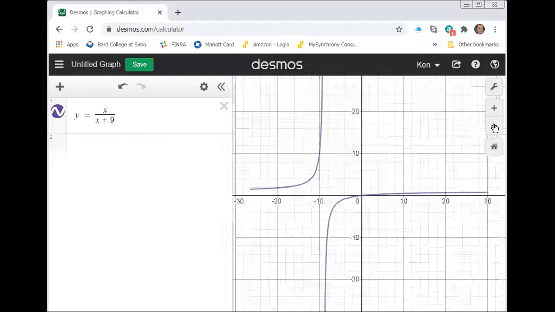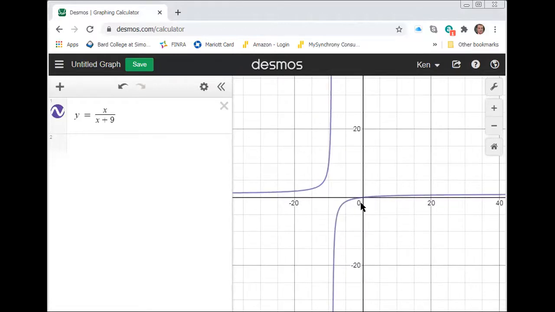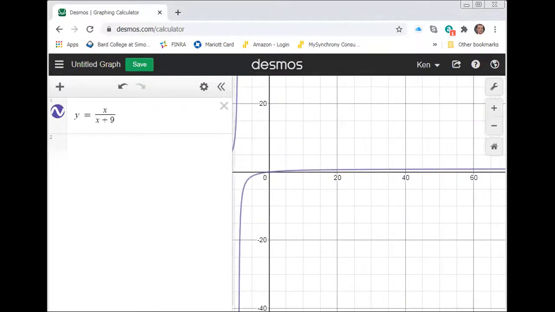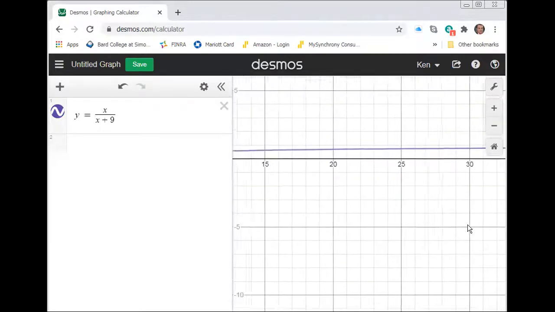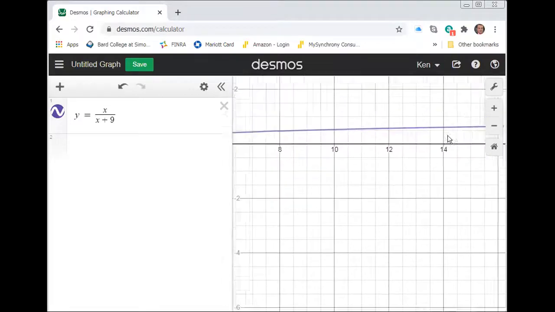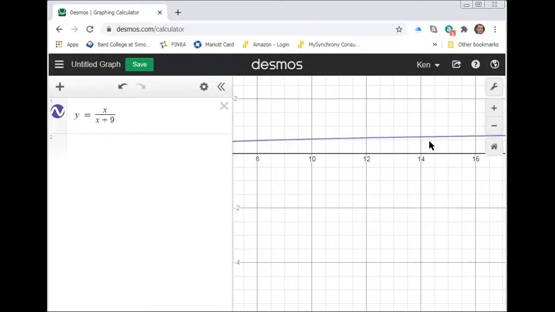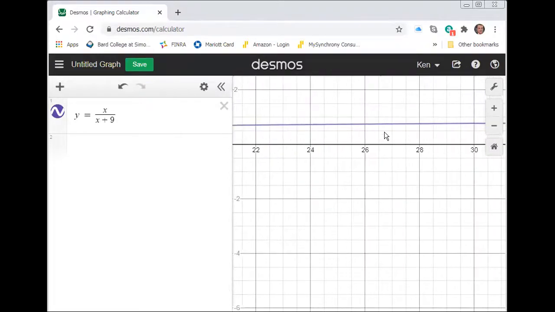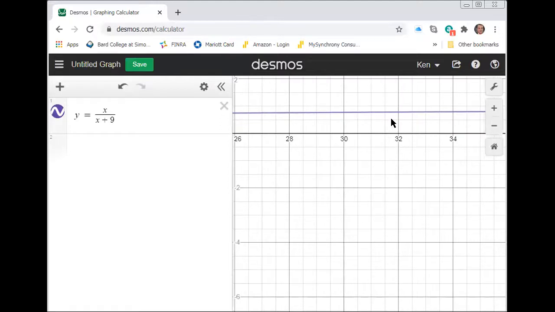So there's the graph. You can see a vertical asymptote at x equals 9 that we're not so interested in. We're interested in the long time behavior as x goes to infinity. And what's happening is that those y values are getting closer and closer and closer to the number 1. As you can see, losing the scale a little bit, but this is the number 1, I think, and we're creeping on up towards it.